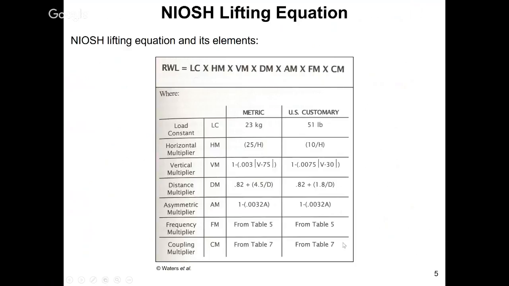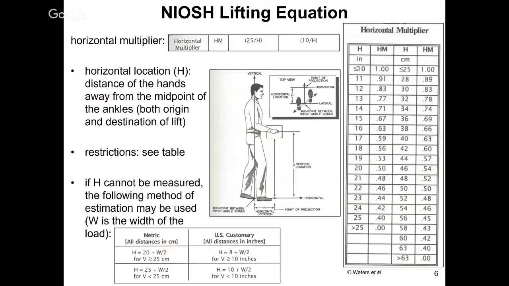But for the horizontal multiplier, vertical multiplier, distance multiplier, and asymmetric multiplier, we have to plug in a number into an equation to then use it in this larger equation. If you're doing this by hand, it really is helpful to just break everything out and do each one by one and keep track of all your variables. Keep everything separated until you're ready to put it all together. With the app, you don't have to worry quite so much with that.